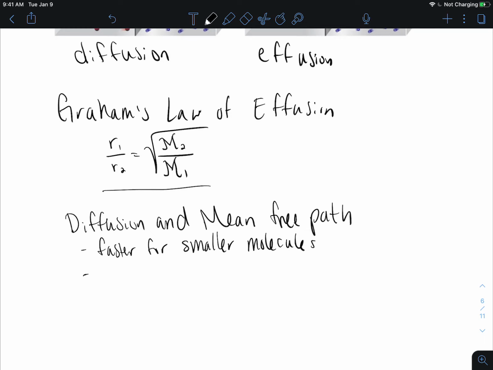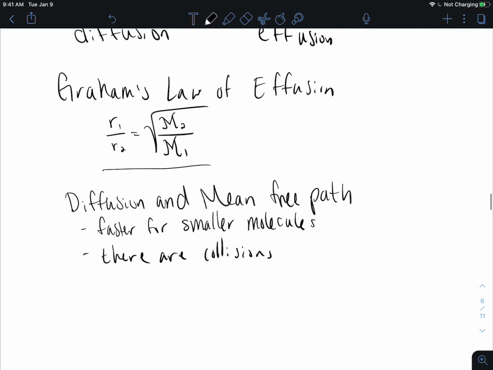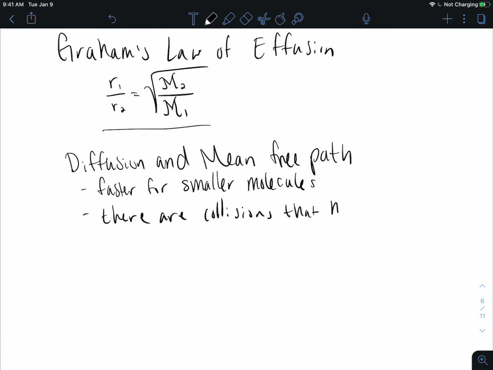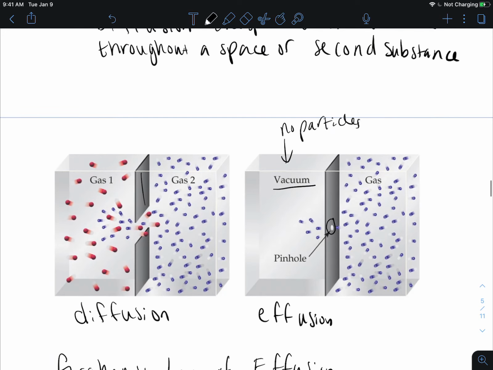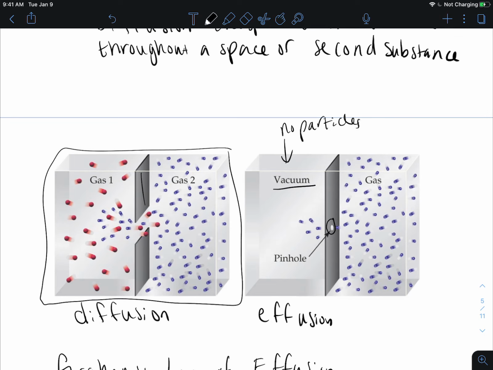But with diffusion, we have collisions. So there are collisions that have to be accounted for in diffusion. Unlike effusion, where there are no particles, in diffusion we already have particles that are there, and because of that, we're going to have molecular collisions.